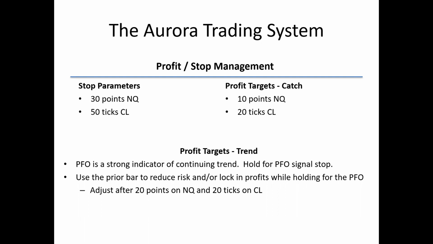Now, there's a practical limit to how much people are willing to risk, but for now, 30 points and 50 ticks. But if we get close to 30 points and everything on NQ is saying, no, you should still be holding this, long or short, I'm going to move that stop out of the way.